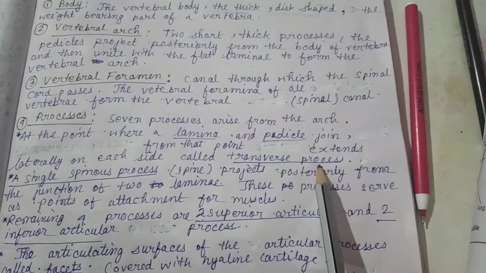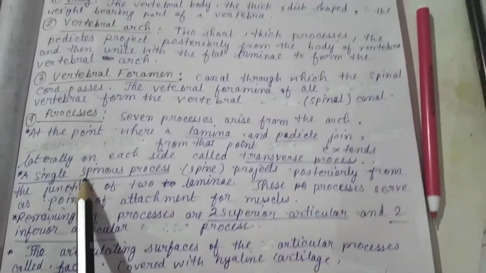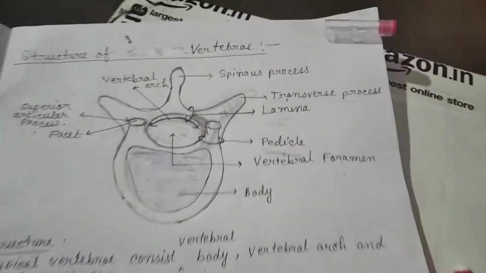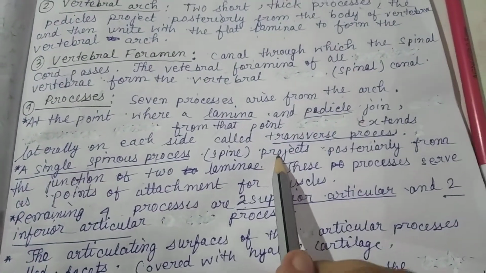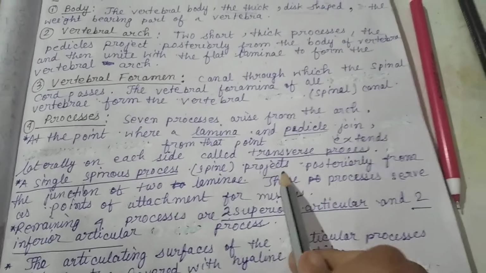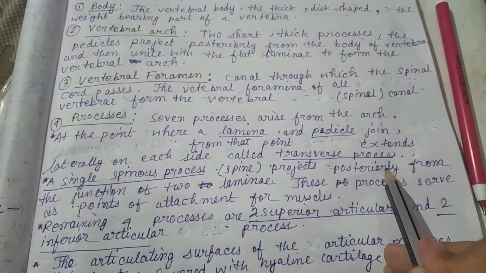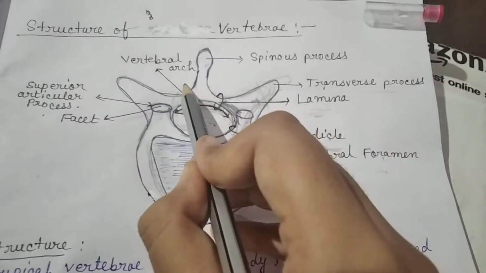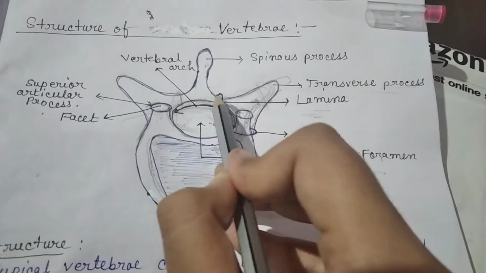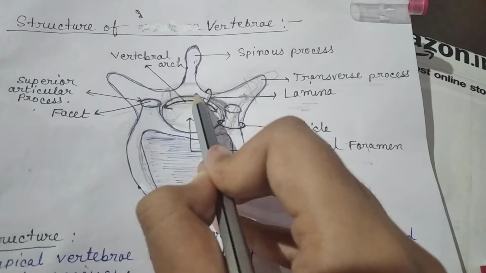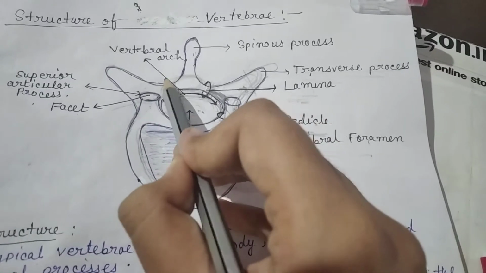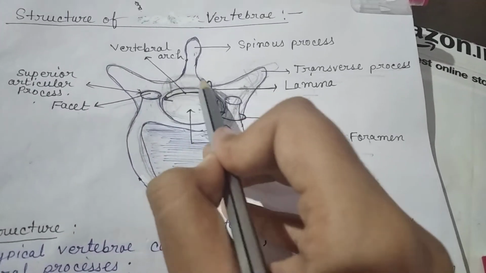After that, the second process is the single spinous process. This is the spinous process. The single spinous process projects posteriorly from the junction of the 2 laminae. This is the junction of the 2 laminae, meaning the attachment point of the 2 laminae.